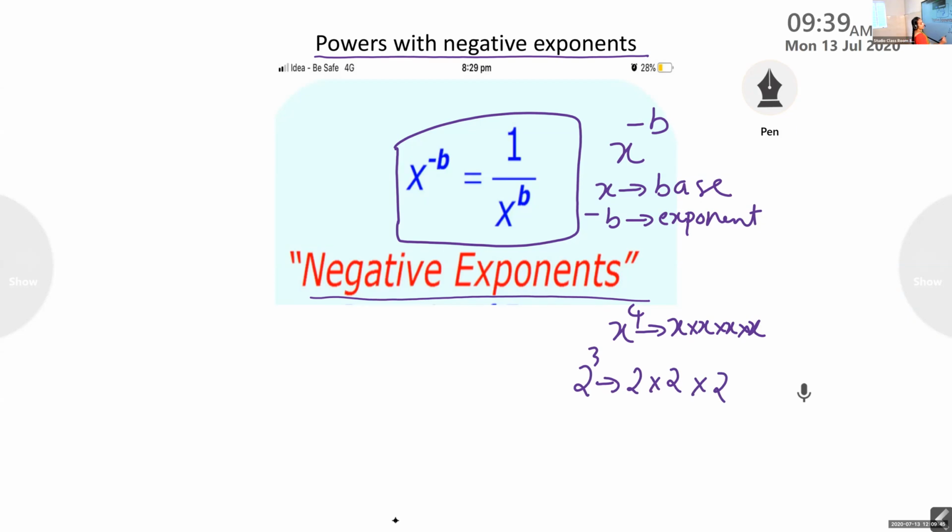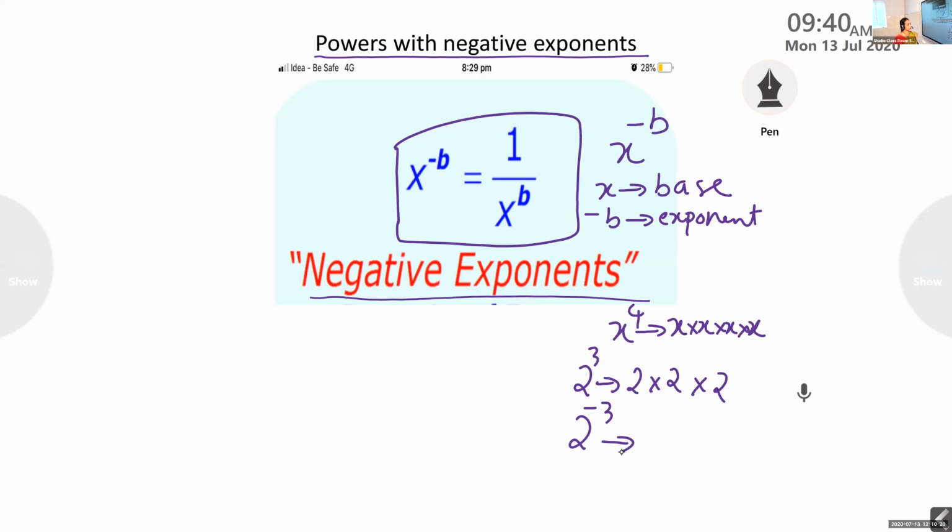But when we write 2 raised to negative 3, can we say we are multiplying 2 negative 3 times? No, ma'am. Can you jump negative 3 times? We can jump 2 times, but we cannot jump negative 2 times, or write negative 2 times.